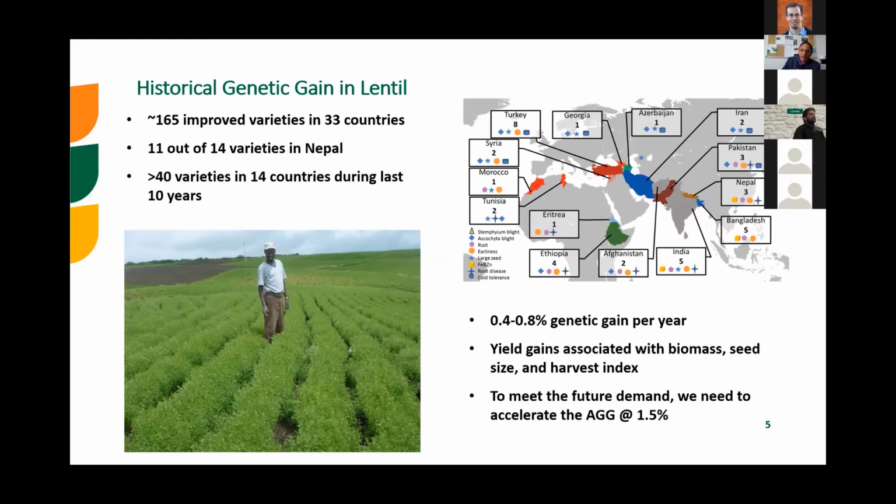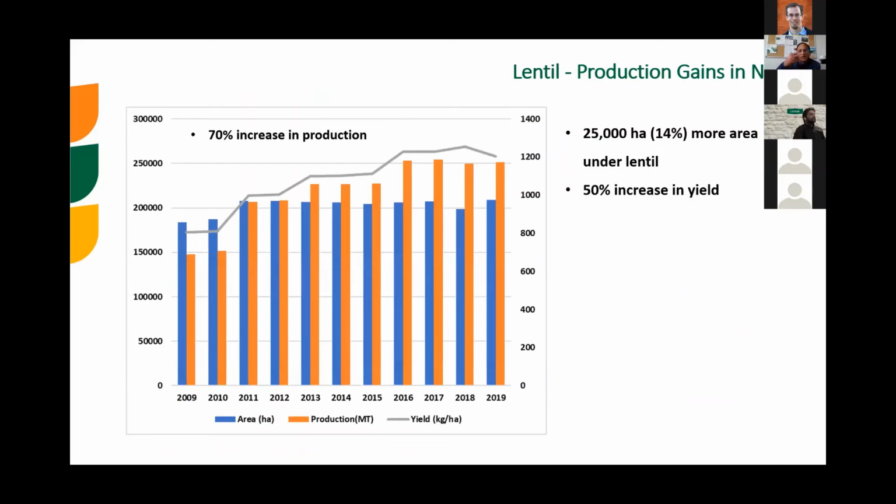and that has to be around 1.5%. So if you just see the contribution of those 14 varieties which have been released in Nepal, one can see in the last decade there has been a 70% increase in production. That 70% increase in production has come mainly because of the productivity gain from 800 to 1200 kg per hectare.